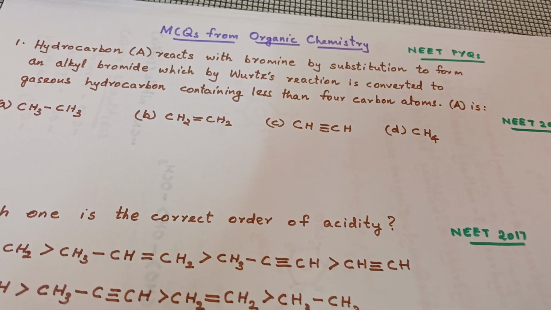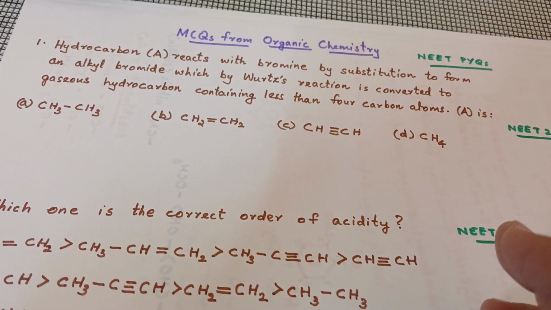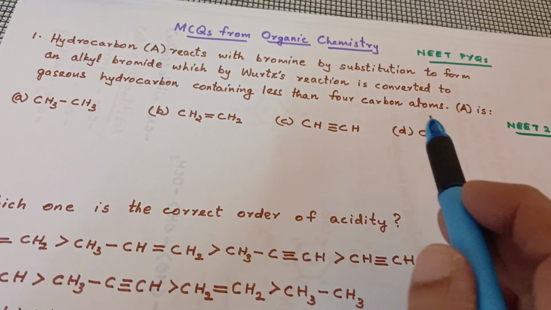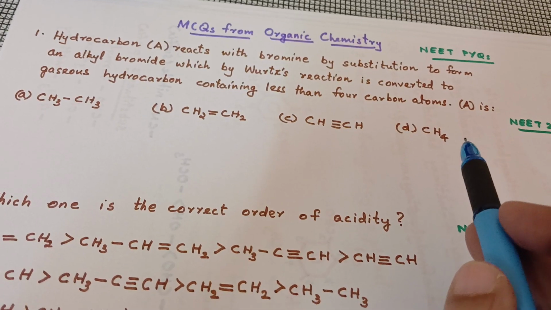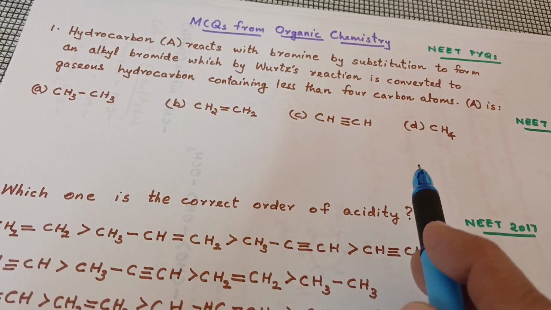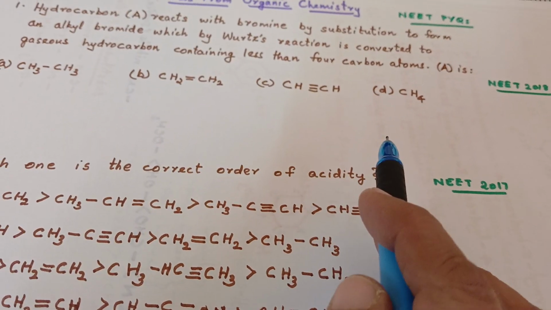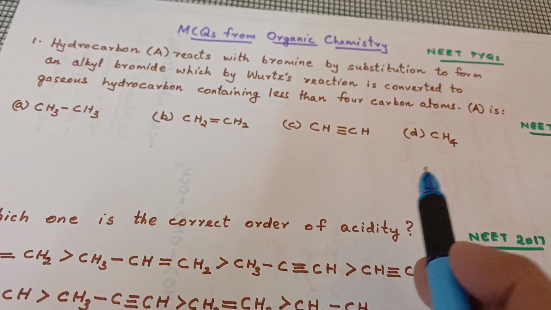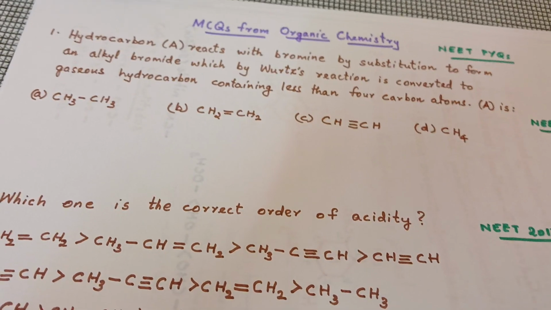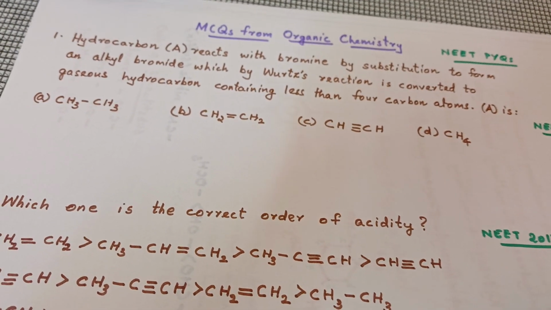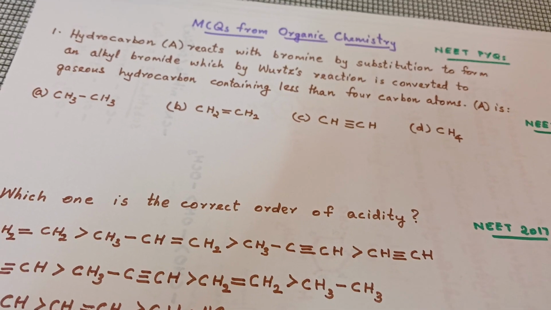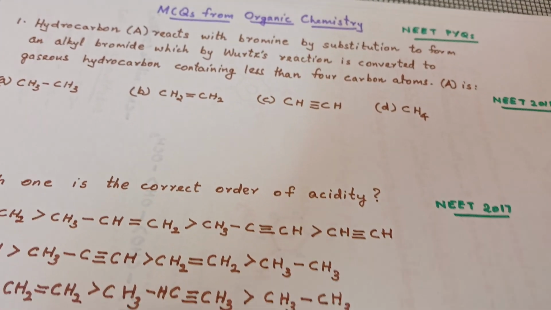So it should have less than 4 carbon atoms, our possibility is that the initial hydrocarbon taken has 1 carbon atom, because the product of Wurtz reaction should have only an even number of carbon atoms.